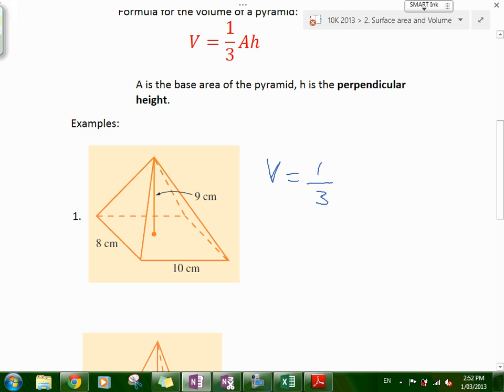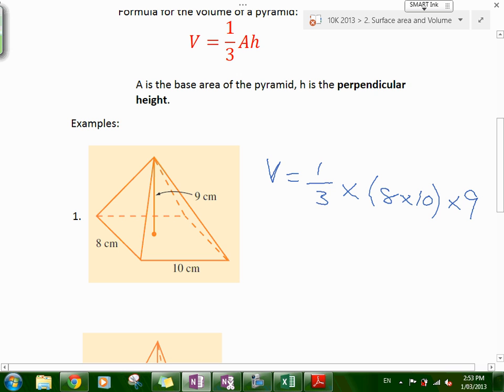Okay, how do I find the area of this base? Good. 8 times 10. And then what do I have to multiply by? I have to multiply by its height, which is 9. Okay?